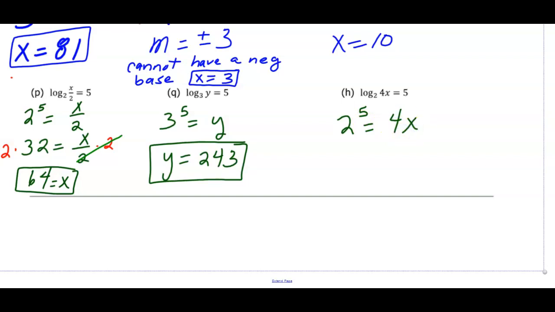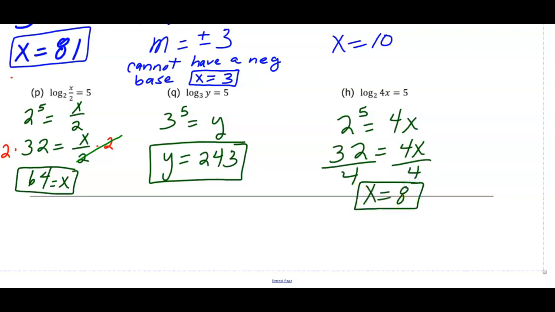And then we want to solve that. 2 to the 5th is 32 equals 4x, divided by 4. So x equals 8. So hopefully you got those right. Not too bad.